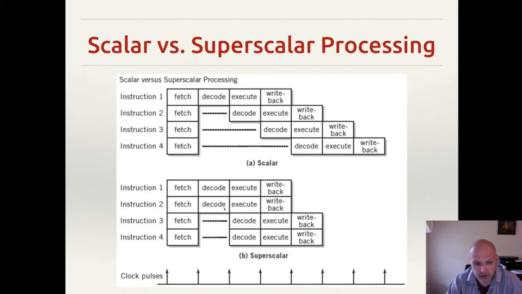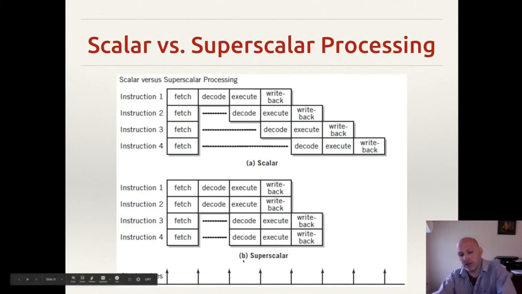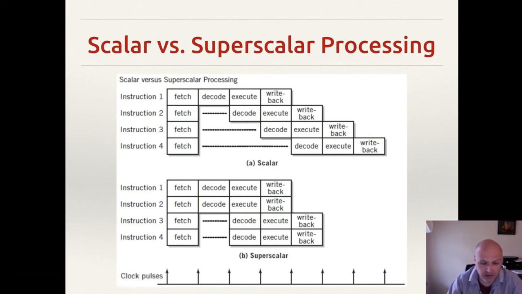But this time we decode 2, and we execute 2 at the same time we're decoding the next 2, and we do the write back while we're executing these 2. This pattern continues, and now you can accomplish twice as many things in one clock cycle. If there's no branching and nothing goes wrong, you'll have an output of 2 instructions per clock cycle.